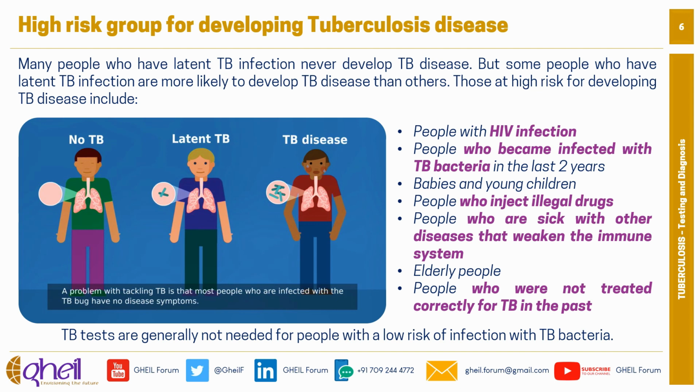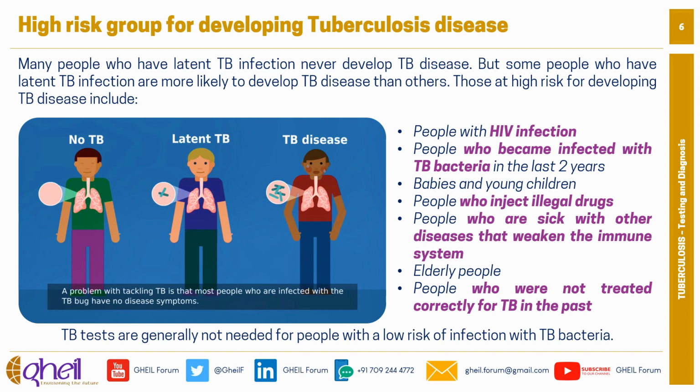Those at high risk for developing TB disease include people with HIV infection, people who became infected with TB bacteria in the last 2 years, babies and young children, people who inject illegal drugs, people who are sick with other diseases that weaken the immune system, elderly people, people who were not treated correctly for TB in the past. TB tests are generally not needed for people with a low risk of infection with TB bacteria.